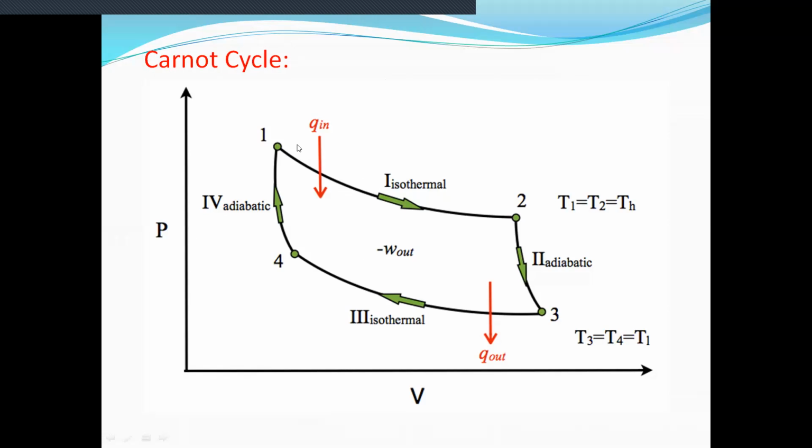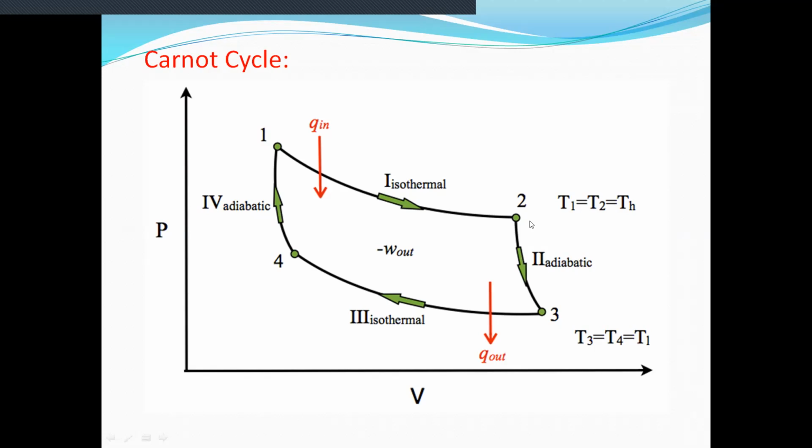First is isothermal expansion, denoted by the curve 1 to 2, or it can be named the AB curve. Second, adiabatic expansion, the curve 2 to 3, or B to C. Later on we will explain that diagram when we obtain the total work done in the Carnot cycle.